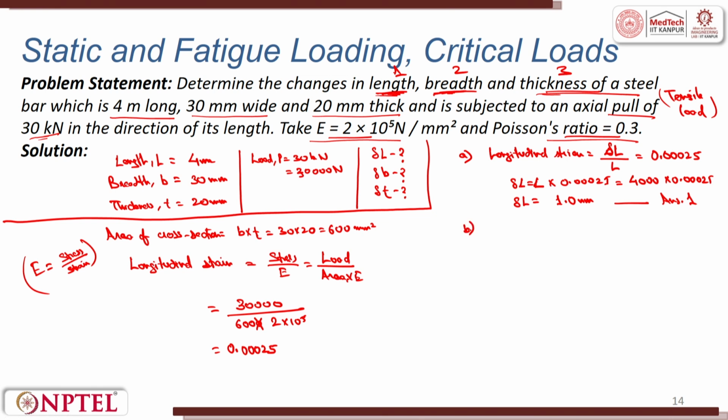B. For lateral strain, let us now see the Poisson ratio. Poisson ratio is given. What is Poisson ratio? Poisson's ratio is equal to lateral strain over longitudinal strain. So, Poisson ratio is given as 0.3, lateral strain is an unknown quantity here, and the longitudinal strain we have calculated already, 0.00025.